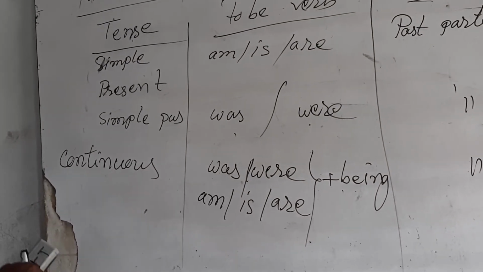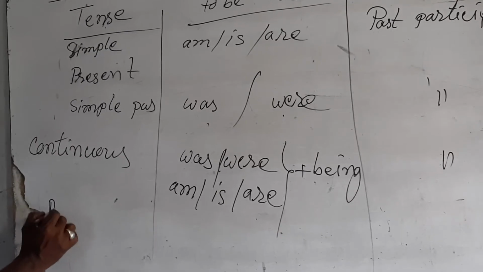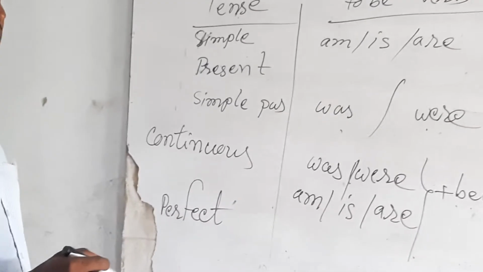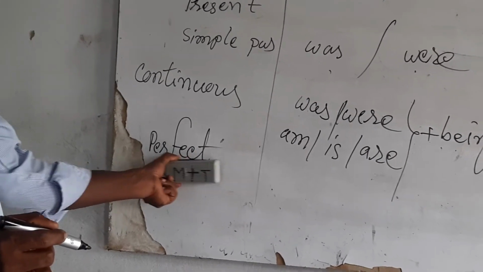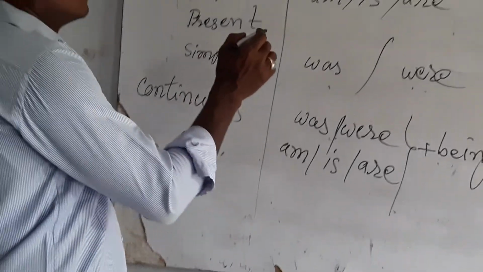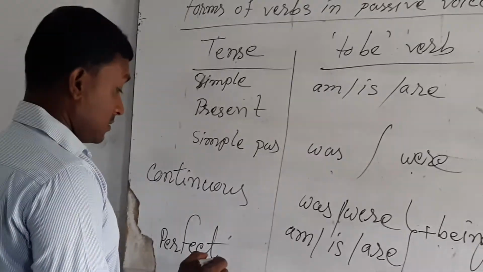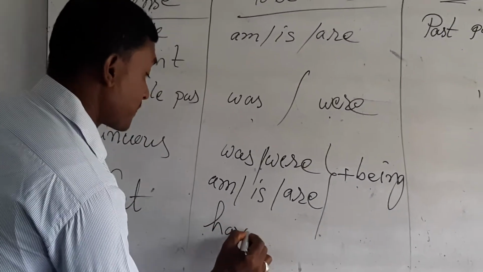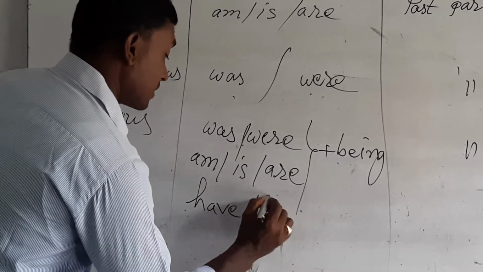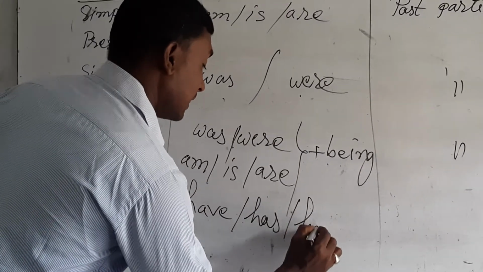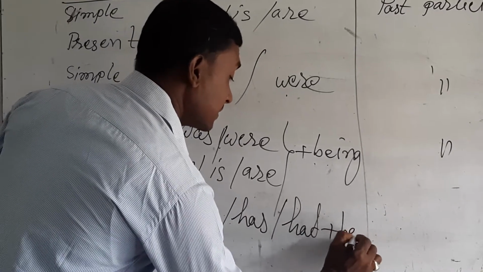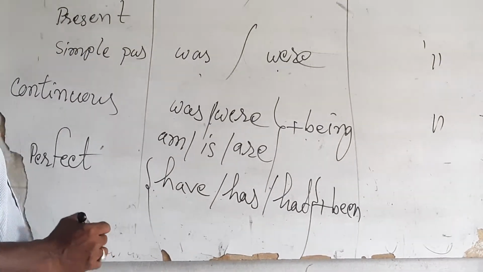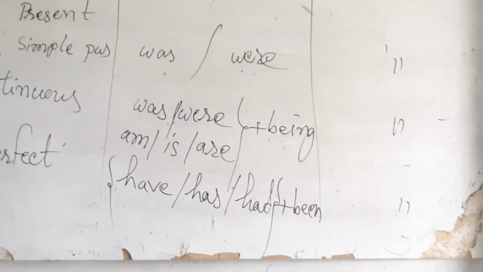Perfect. The perfect form of verb in passive voice will be changed into have, has, had plus been, and the principal verb will take past participle form.